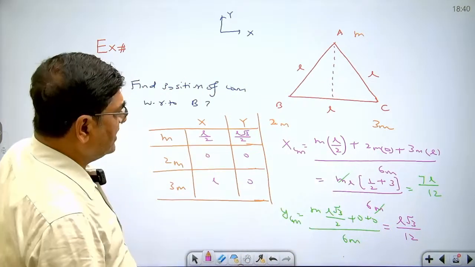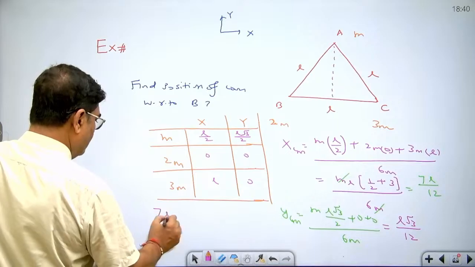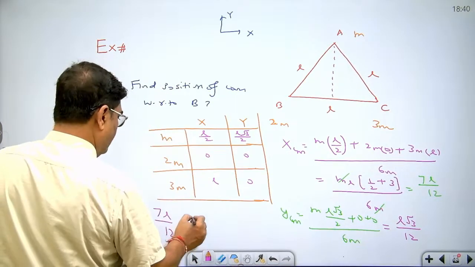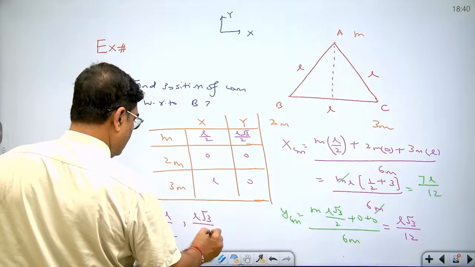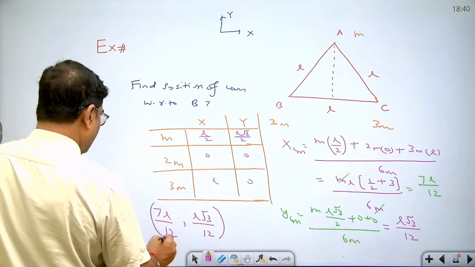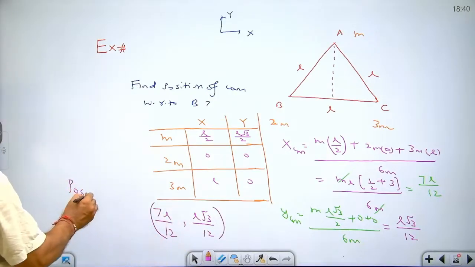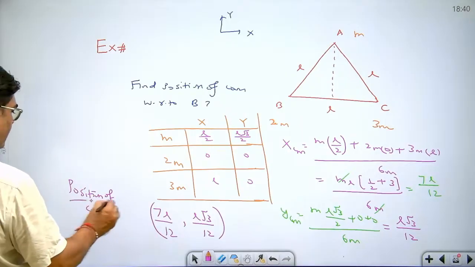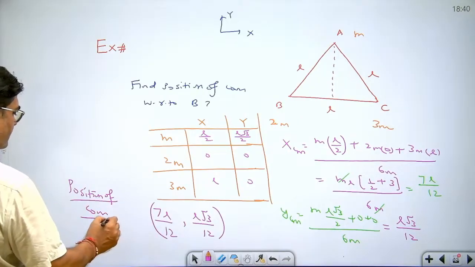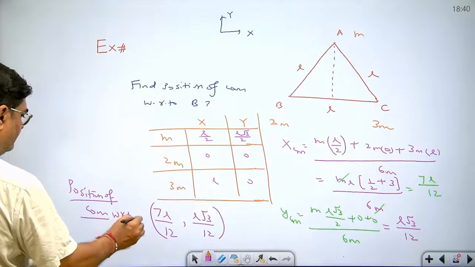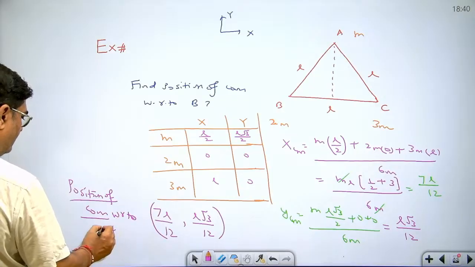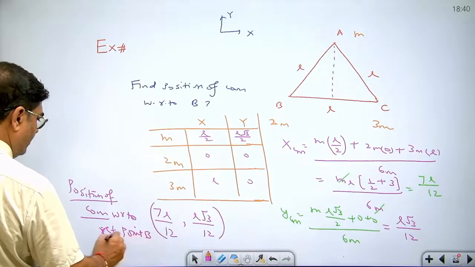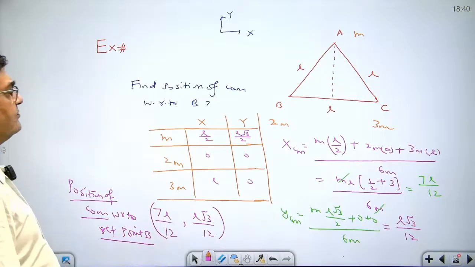So the position of center of mass is 7L by 12 and L root 3 upon 12. This is the position coordinate of center of mass with respect to reference point B. Okay, this is the answer.